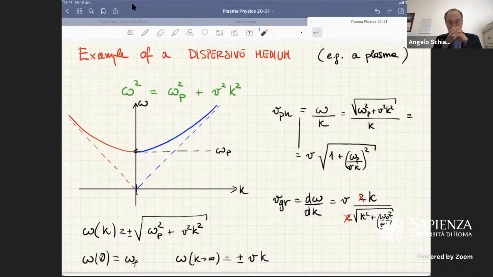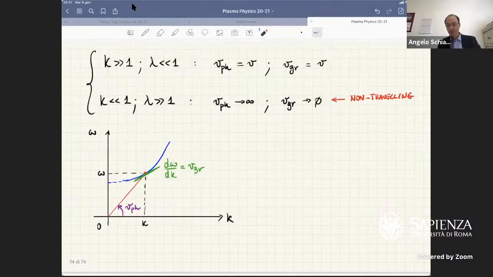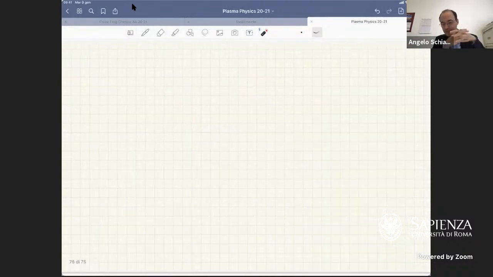Now, we've seen the 1D equation for waves, and we have to introduce some technicalities in dealing with waves. Waves are usually described as a perturbation to an equilibrium state. If you think, for instance, of acoustic waves, sound waves are a perturbation of pressure and density.